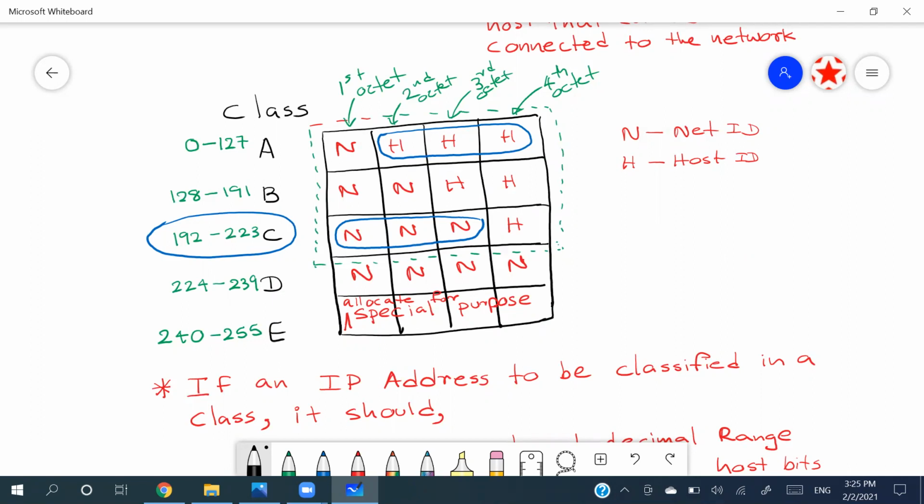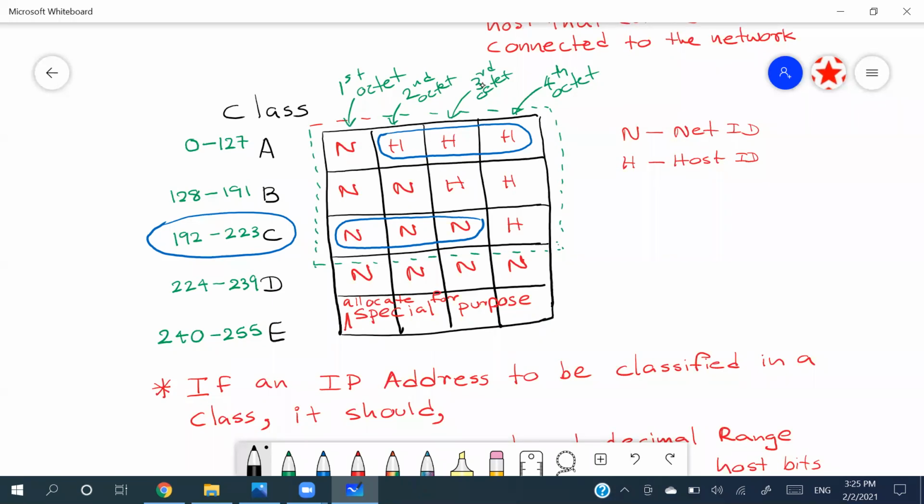So when we were categorizing the things, we talked about how class A has 1 octet as net ID, and there are 3 octets for host ID.